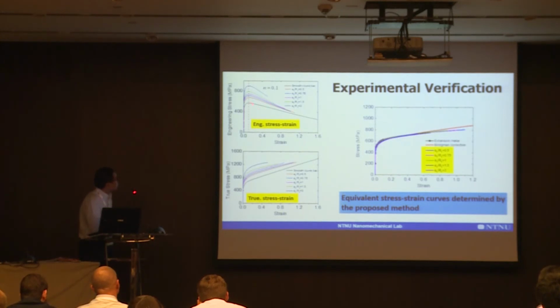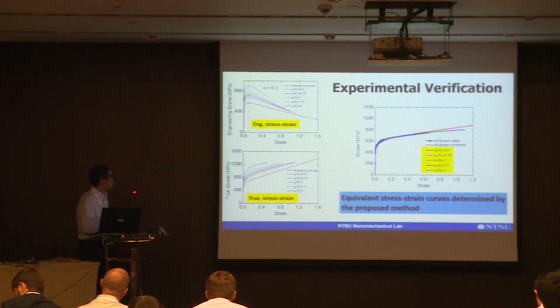From this test, the strain corresponding to the maximum engineering stress is regarded as the material's strain hardening exponent. And for the notched specimen, we can see that the strain corresponding to the maximum yield stress is almost the same.